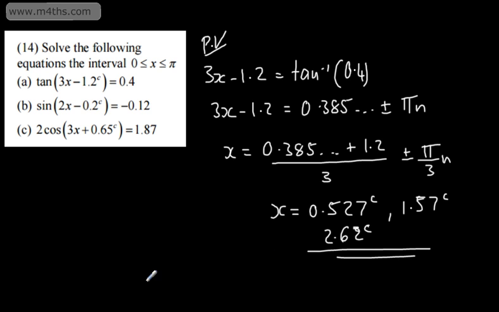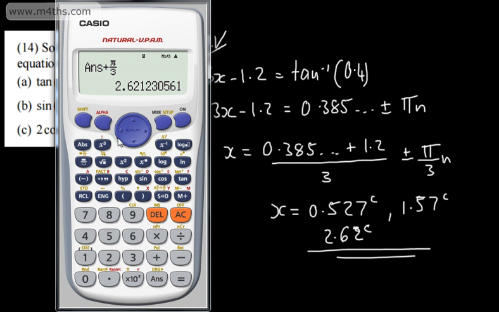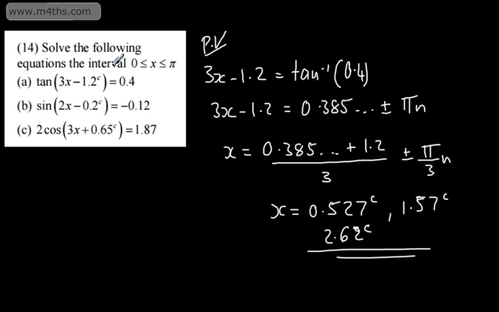Okay, if I added another pi by 3, shift pi by 3, there we go, I'm talking my way through it, that is going to give this. Now, if you are unsure, pi is 3.14159 and so on and so forth. So we've now gone outside the interval. So those are the solutions that we have.